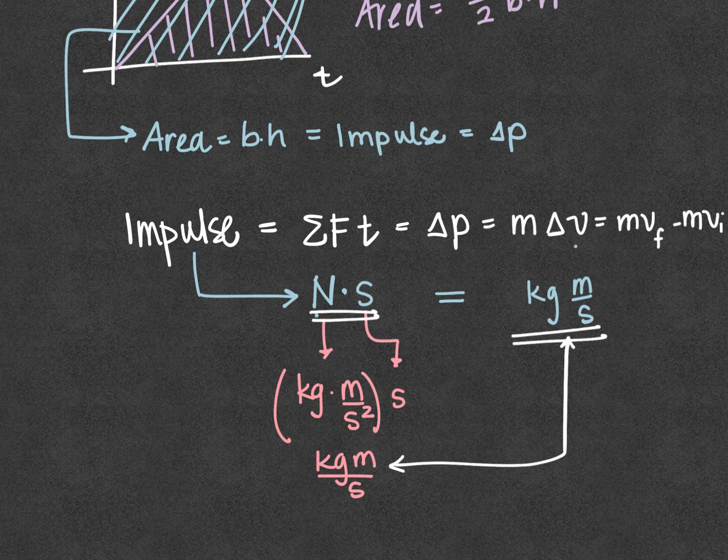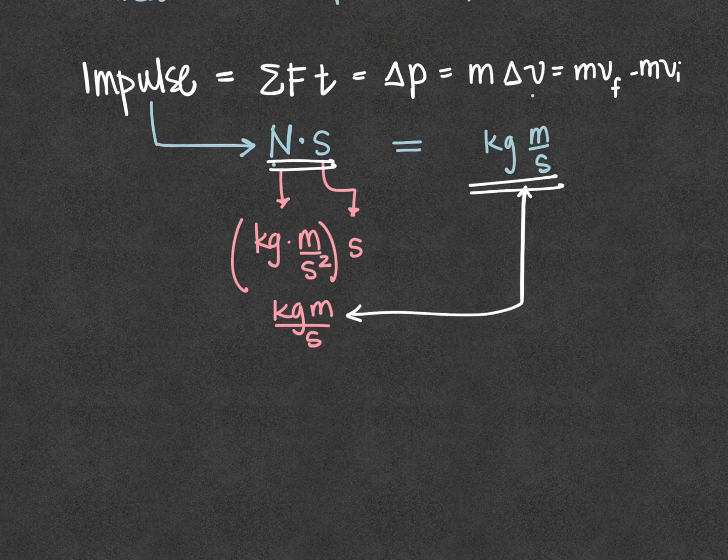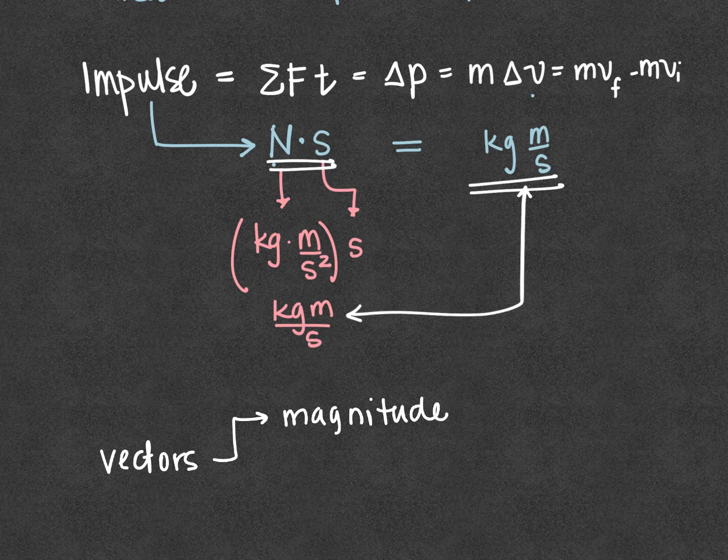Now, since force is a vector and velocity is a vector, that means that impulse and momentum are also vectors. Remember, vectors have magnitude and direction. Magnitude tells me how big, so that's like the number or the size.